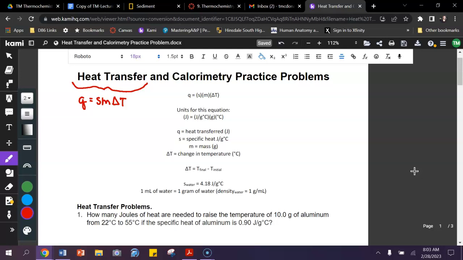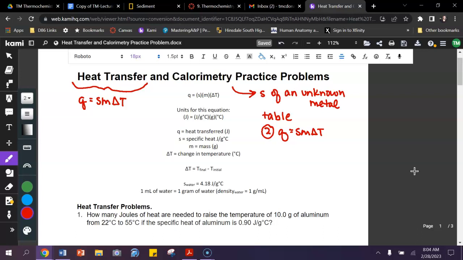And in order to solve calorimetry practice problems, usually what you're doing is you are trying to find the specific heat of an unknown metal, and in order to do this, you need to fill out a data table, and you need to do 2 QSMAT problems.